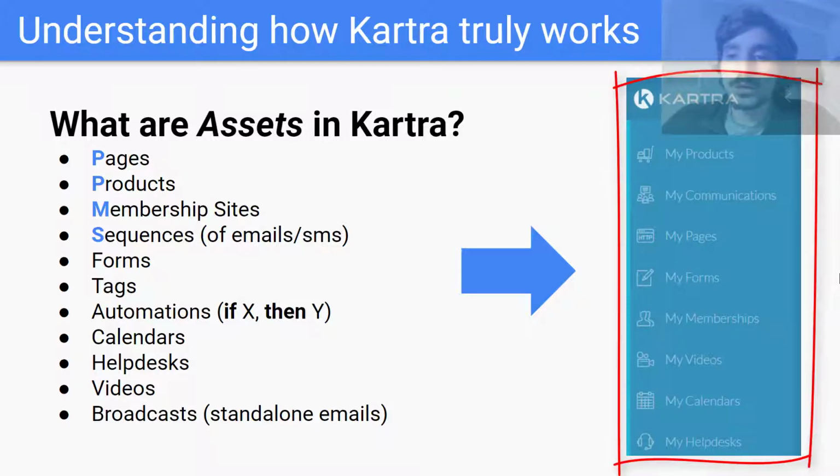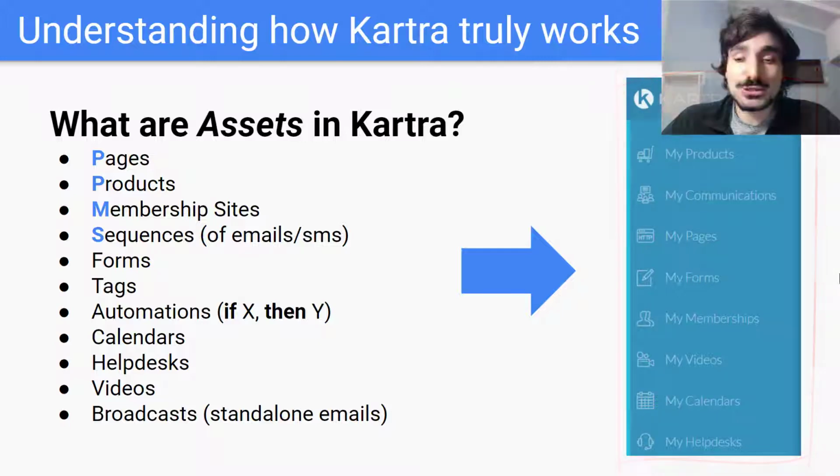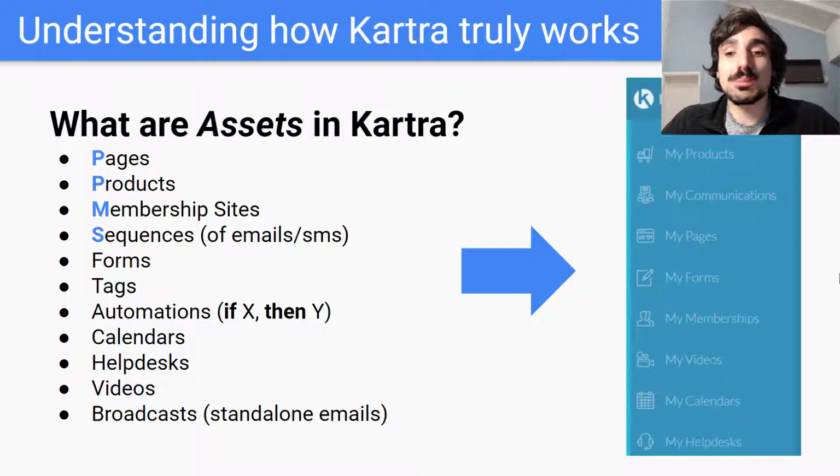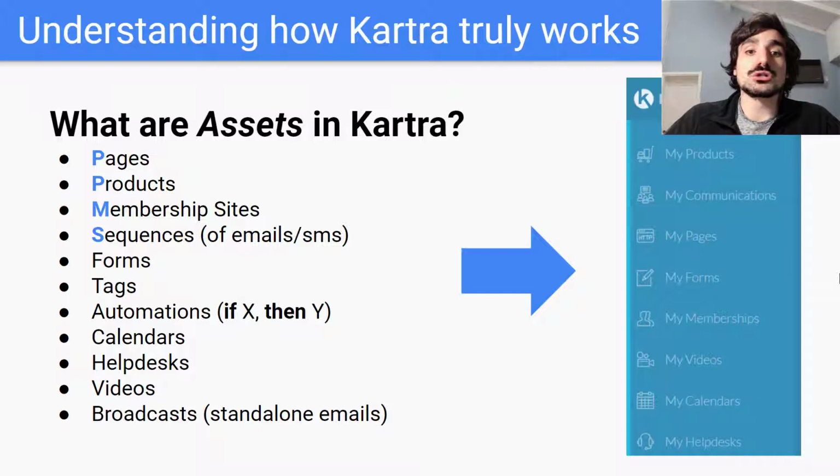If you take a look at the rectangle to the right, you will find my product, my communication, my page, my form. These are actual sections or apps within the Kartra platform. When you log into your Kartra platform, which you don't need to download anything, by the way, you can access it right over going to kartra.com or opening your account using my affiliate link if you want.